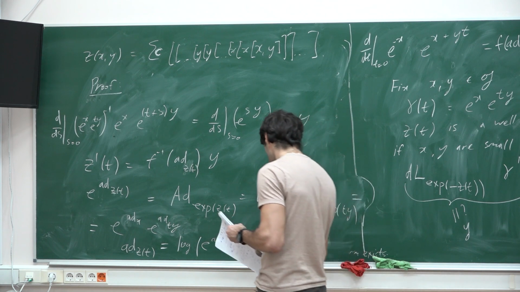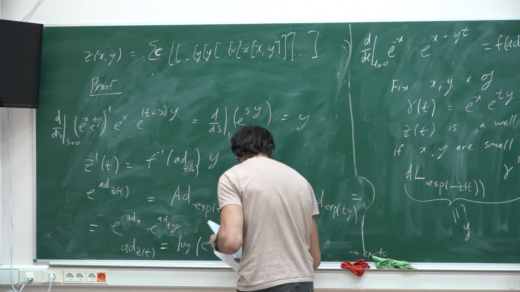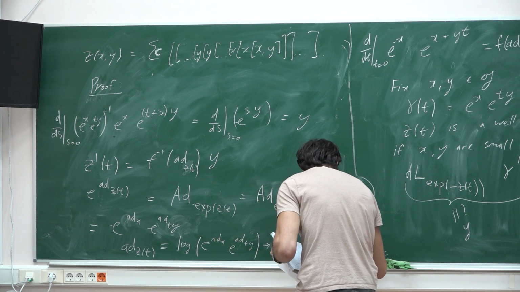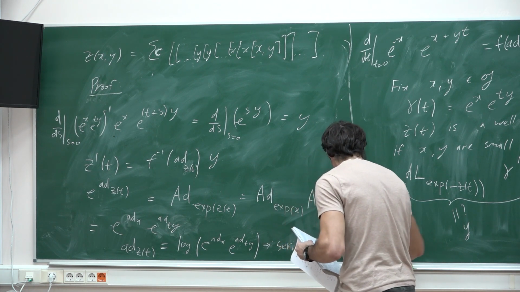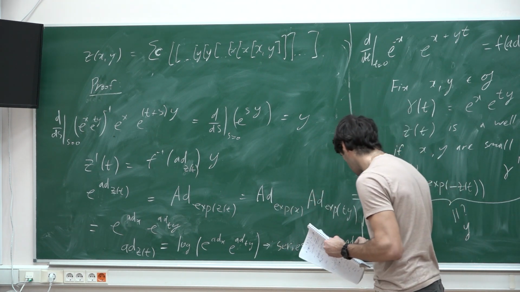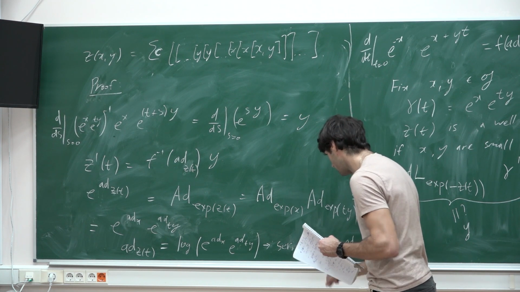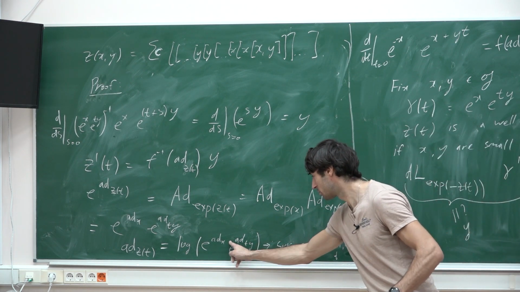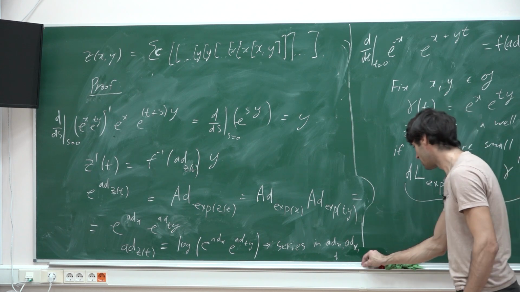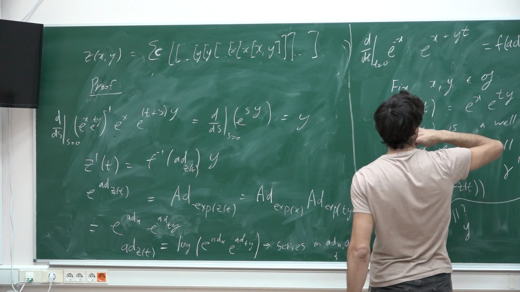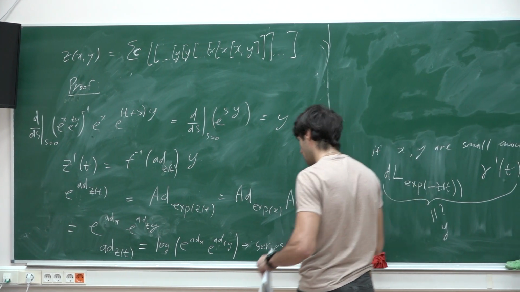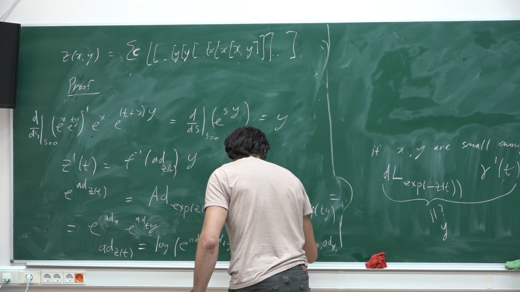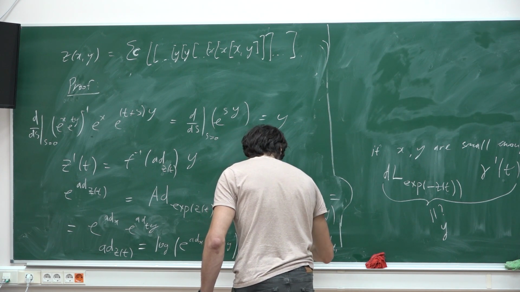So this is a series in ad x, ad y, and t. T can be factored from here to here. So let me denote this series by L of ad x, ad y, and maybe t.